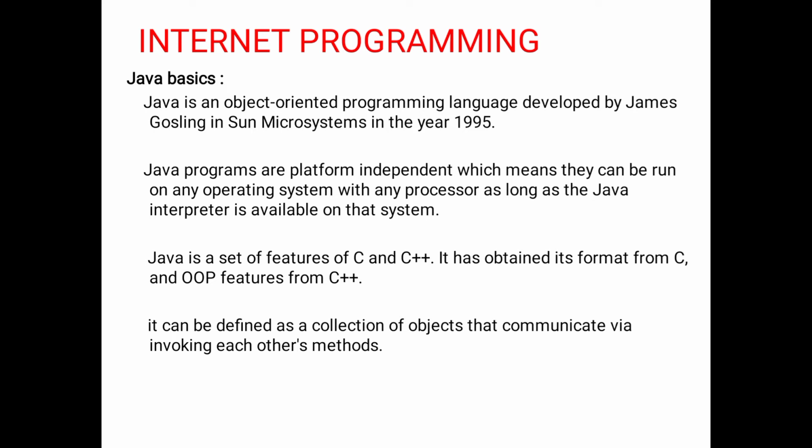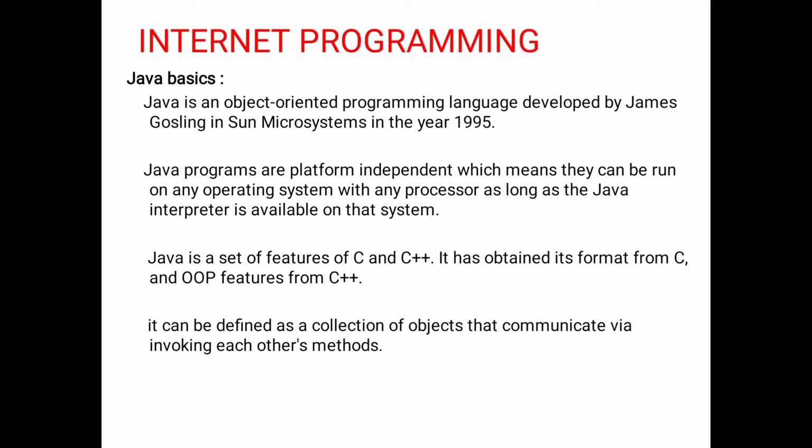Java programs are platform independent, which means that programs can run on any operating system. What is platform independent? In the sense that programs run on any operating system with any processor, right? So that is called platform independent.